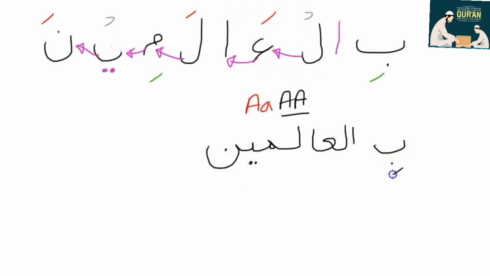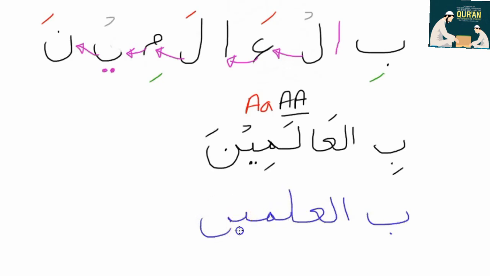And in fact, in the Quran, you'll actually find the alif written as we showed earlier, a small alif in the air. So bil alamina. Okay, so this is how it's actually found in the Quran itself.